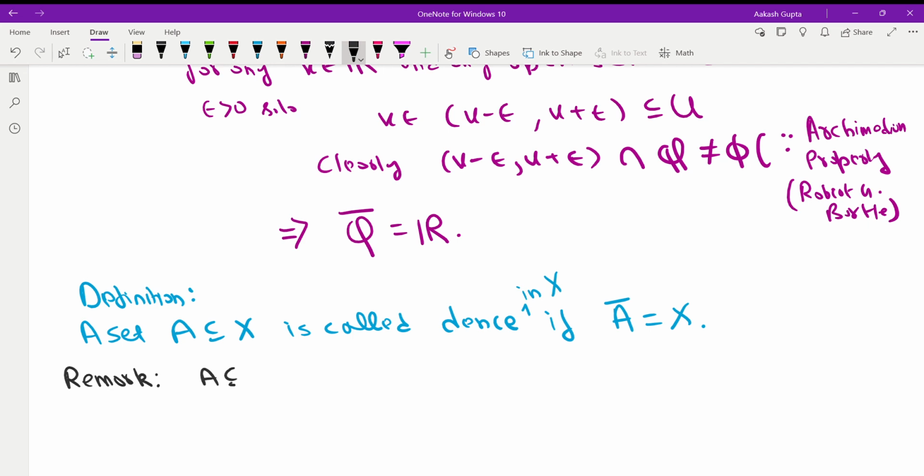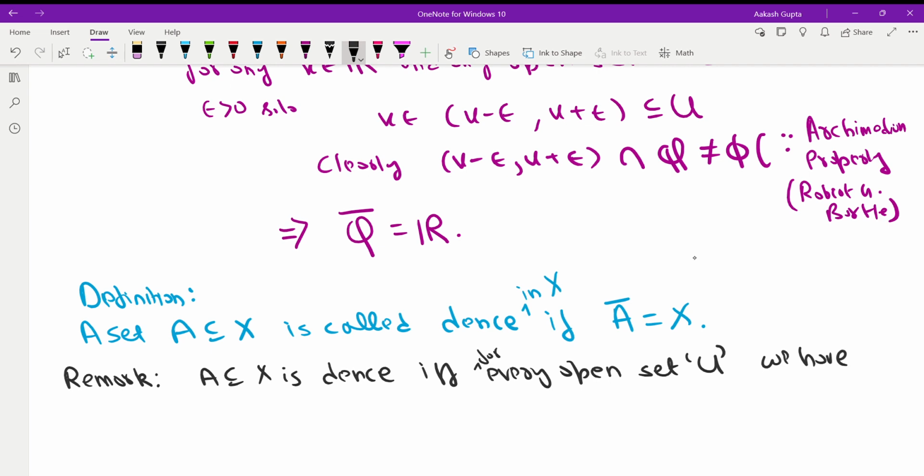Remark: A contained in X is dense if and only if for every non-empty open set U, the intersection of A and U is non-empty.